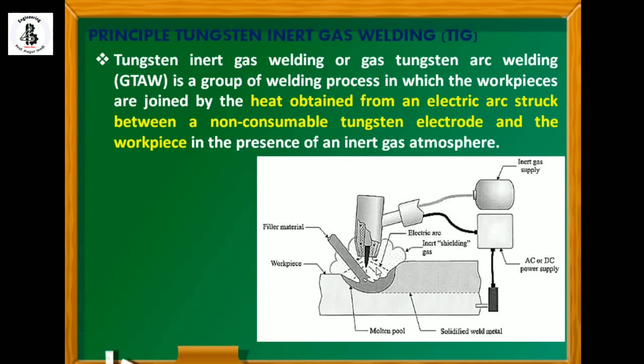One more advantage is that it is a non-consumable electrode, so you can make a continuous joint, and tungsten has a higher melting point.